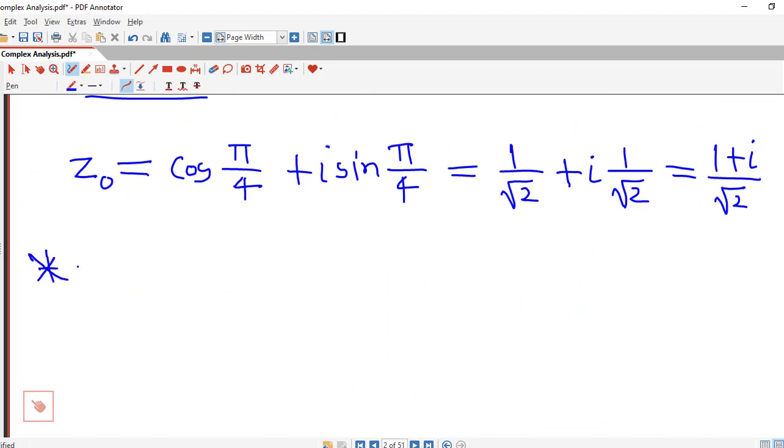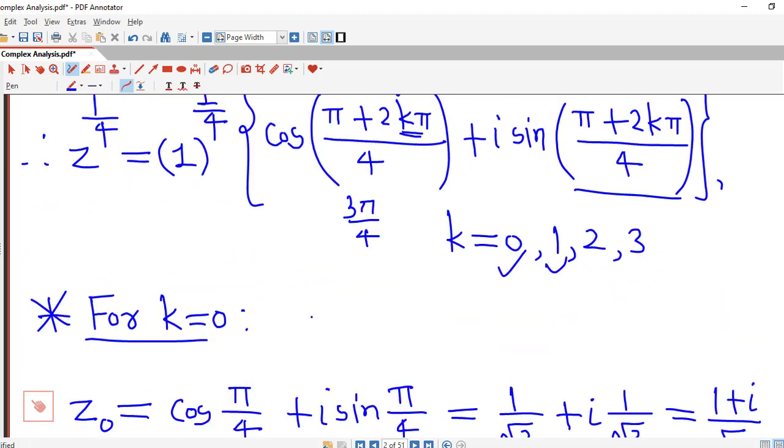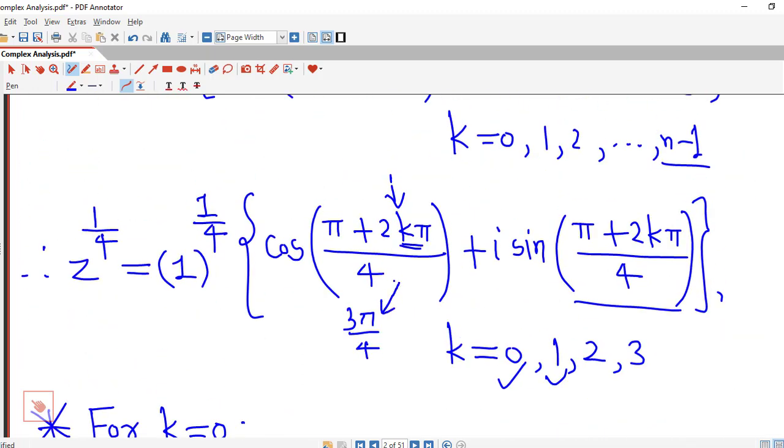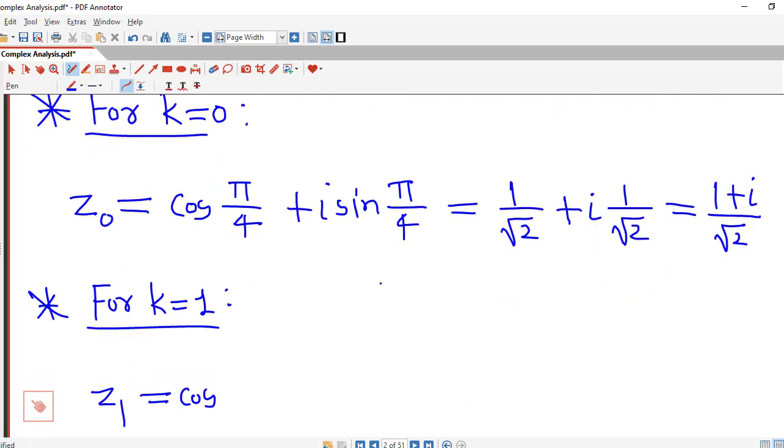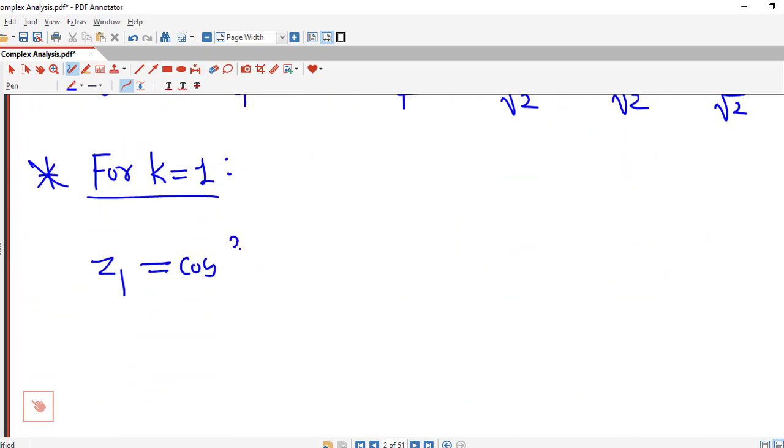The root corresponding to k equal to 1 will be denoted by z suffix 1, and as we discussed, if we take k equal to 1, this angle becomes pi plus 2 pi, that is 3 pi by 4.